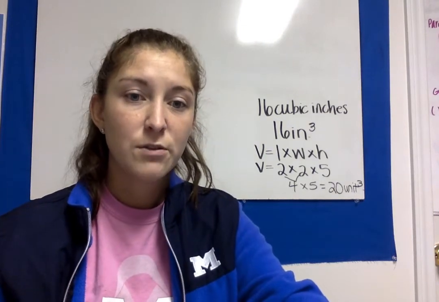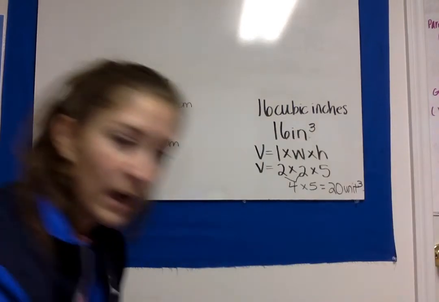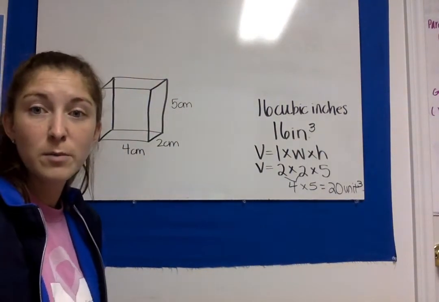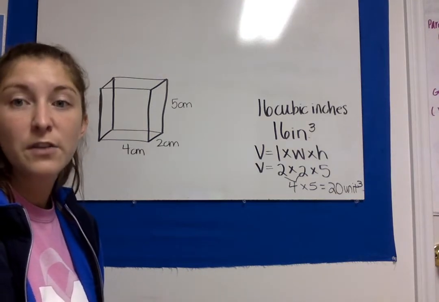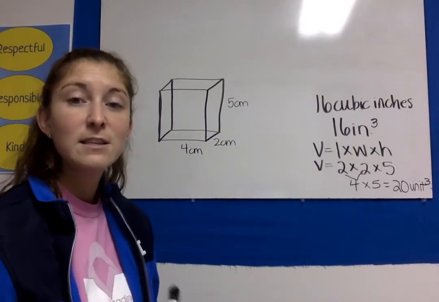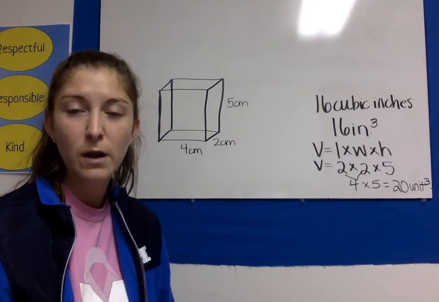Now we can also have figures that look like this. Those are going to be our rectangular prisms, our cubes, different things like that. We are able to find the volume of those things as well. This is where we do want to use the formula, because we aren't given those little individual blocks that we can count.